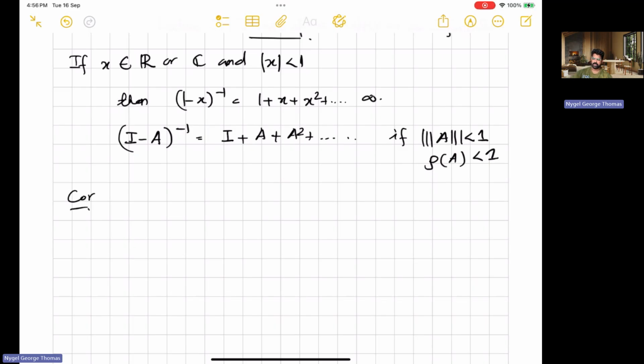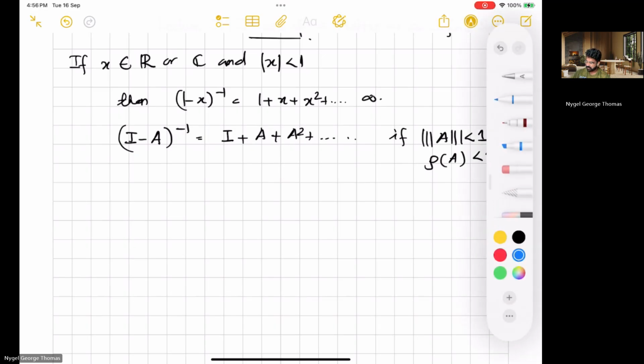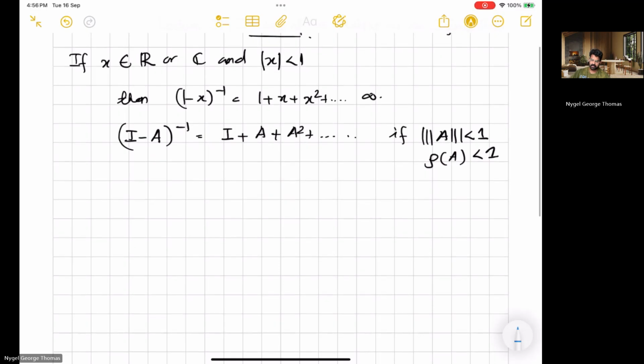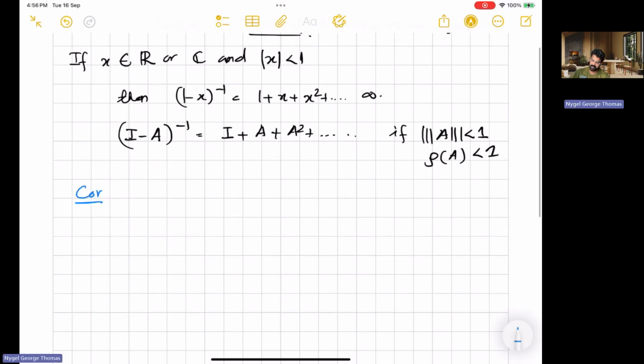So the corollary which we're going to look at is: let A be a square matrix.